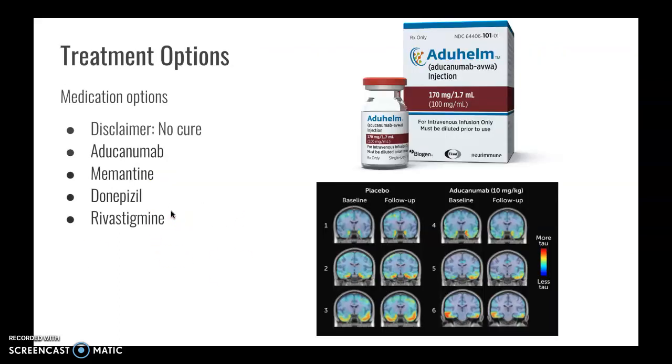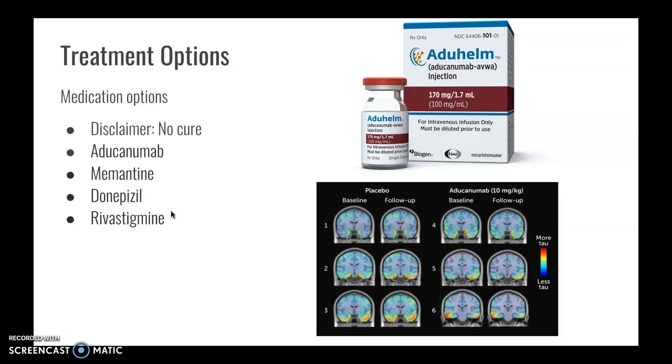So, going into treatment options. Before we talk about this, I'm going to give a disclaimer: although these are used for treatment, they work best for people in the earlier to mid stages of Alzheimer's. It's also important to note that none of the medications available at this time will cure Alzheimer's.